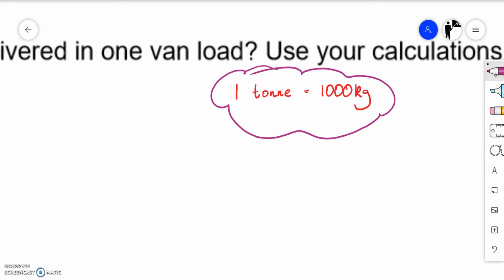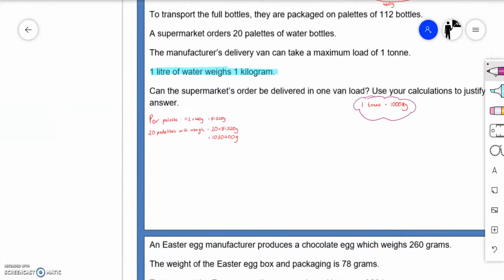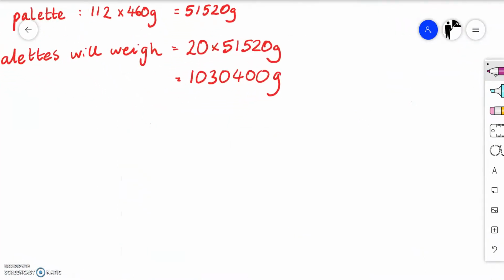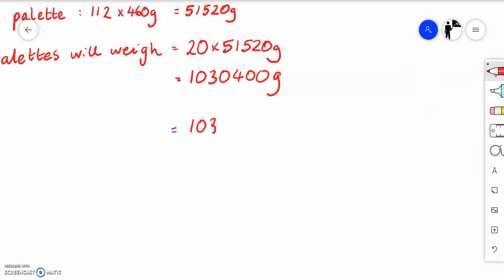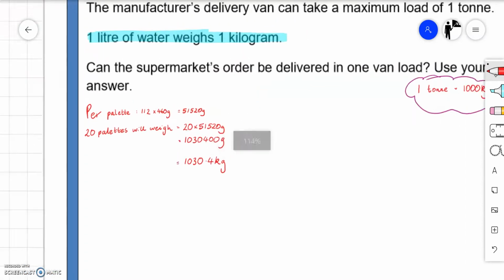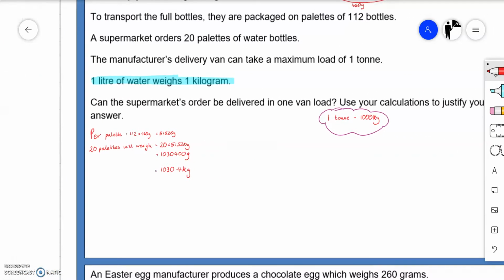We have our units here in grams, so to convert to kilograms, we need to divide this number by 1000. That gives us 1030.4 kilograms. So we've now got the weight of the 20 pallets: it's going to be 1030 kilograms.